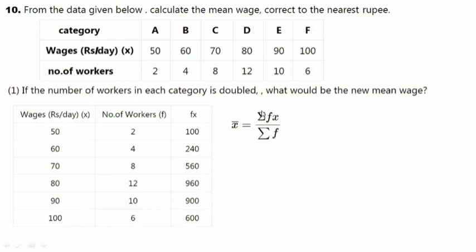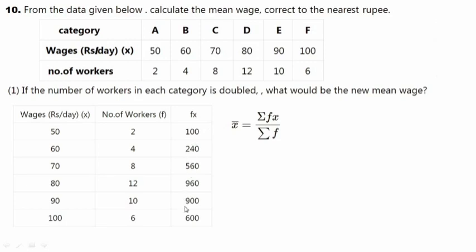Now this summation means total of, all of you know that. So we have to find the total of fx, and we have summation of the frequency. Do we need to find the total of x? No, because the formula doesn't contain summation of x, it contains summation of fx.